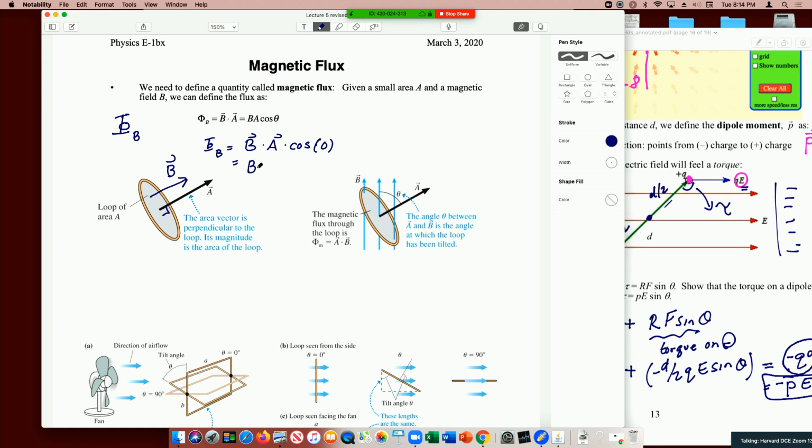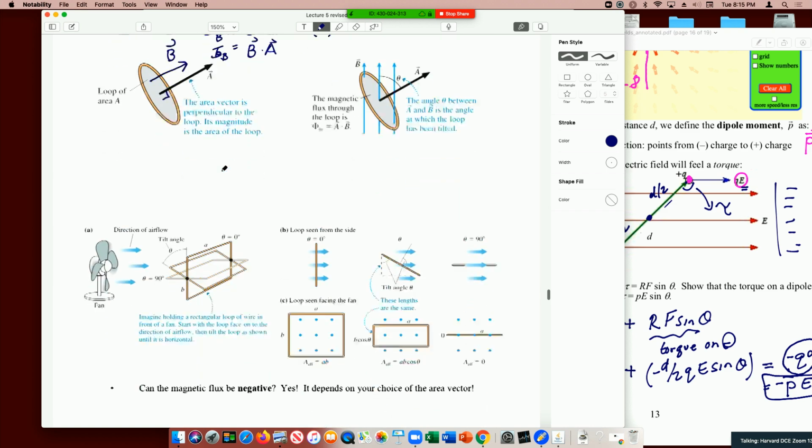So it would be just B times A. The stronger the field, the larger the flux. The bigger the loop, the larger the flux. Does anyone have any questions?